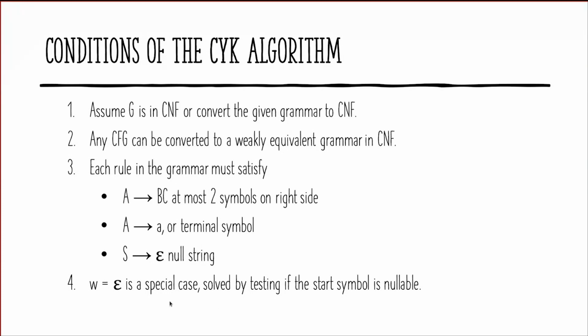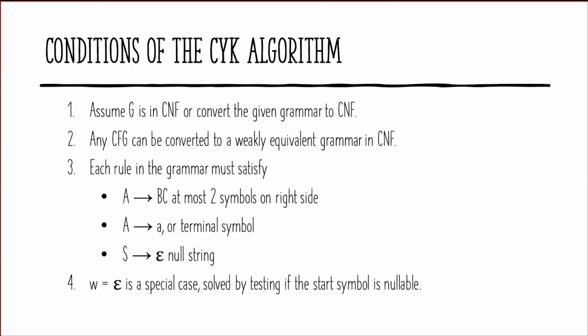What this means is each rule is of the type A goes to BC, where A, B, C are all variables, or A goes to a terminal, meaning there can be a single terminal on the right hand side. And one more rule is possible, that is S, which is our start variable, can go to a null string, that is epsilon.